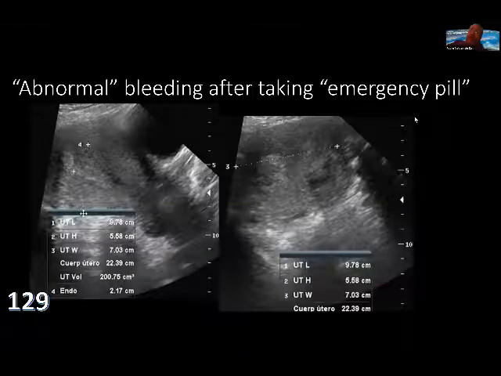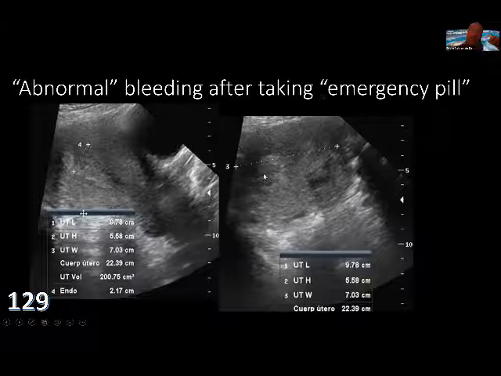The so-called emergency pill, well, that causes abortions, miscarriages, quoting. And this is the intended effect.